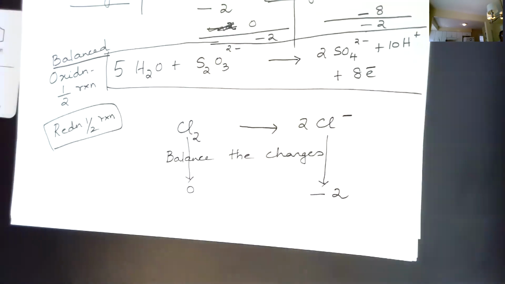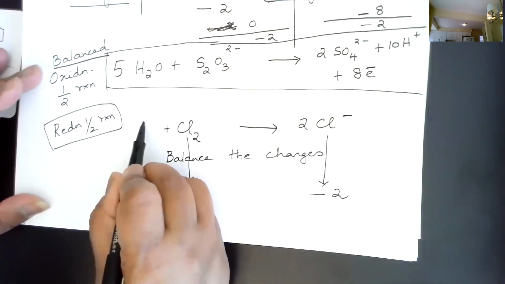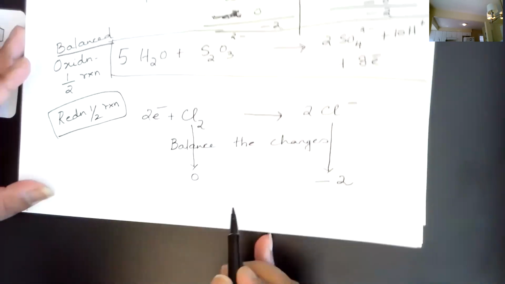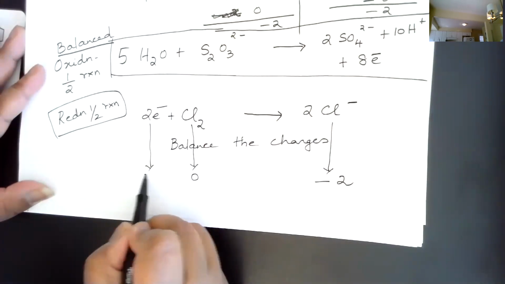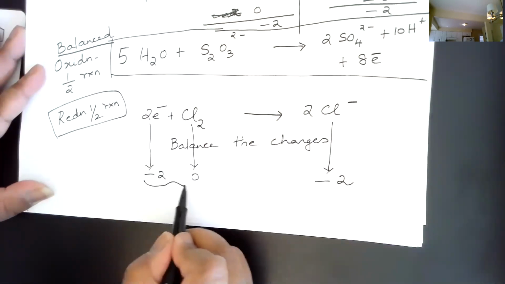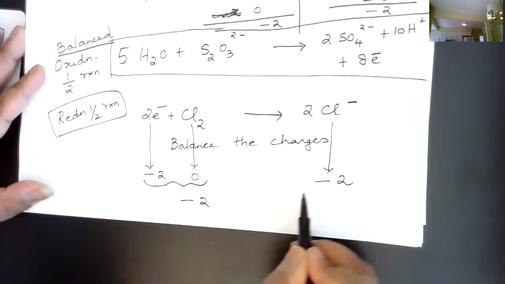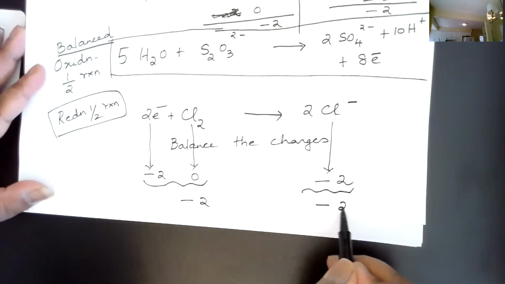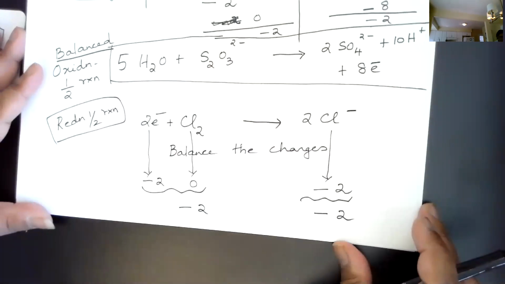How will you balance the charges? This is 0, that's -2. What will you do? This is a simple example. We add -2 to the left side, or what will you add? 2 electrons, right? Yes, very good. So this is a net charge of -2, and this is also a net charge of -2.